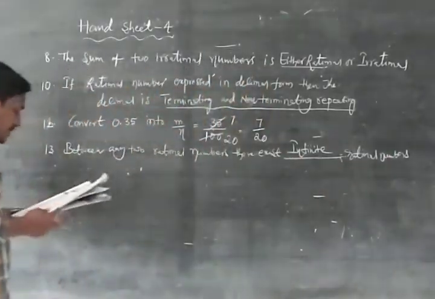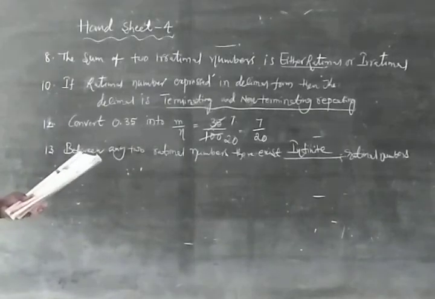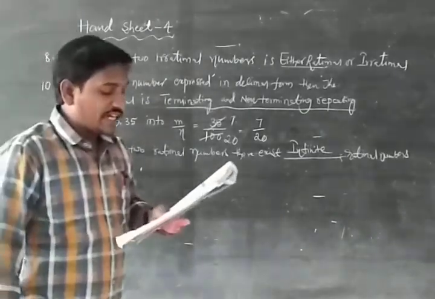Understand? Next, the sum of a rational number and an irrational number.